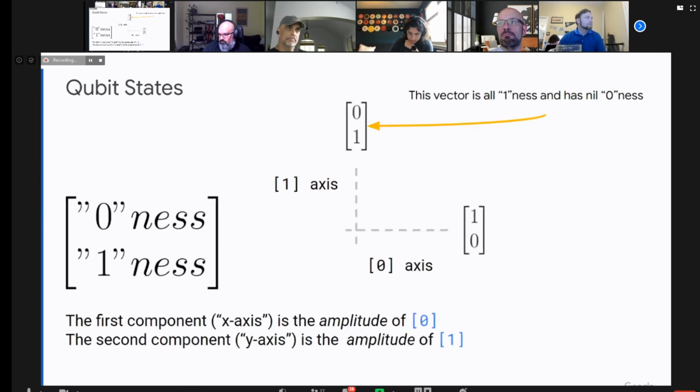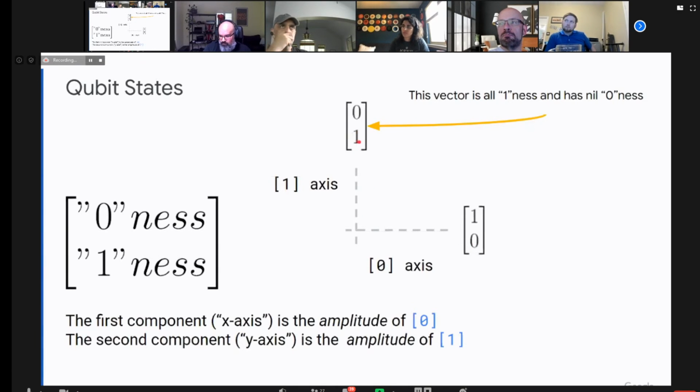Let's think of the 1 bit and the 0 bit as two different axes. Or if you're into linear algebra, we could call them two different bases. There's 0-ness and 1-ness. And when you have a 0 vector, the 0 bit, it's 100% 0-ness and 0% 1-ness.